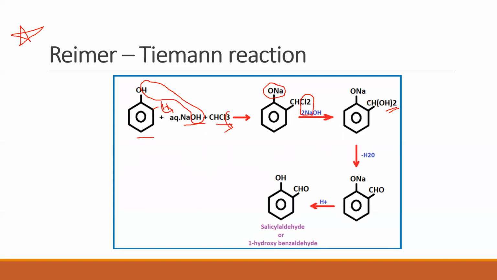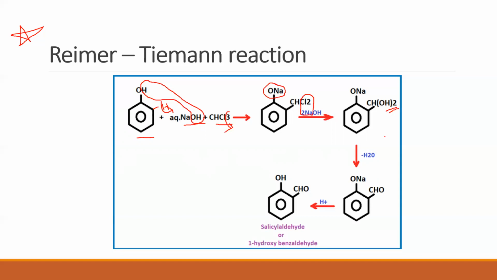Now, we need to understand one thing. This is a generalization. Whenever a carbon has more than one OH group attached to it, it will always result in removal of water. It will always result in dehydration. This is basically to avoid steric hindrance. Two OH groups, if they are next to each other, both are bulky groups. Because they are bulky, it will increase the steric hindrance, thereby reducing the stability.